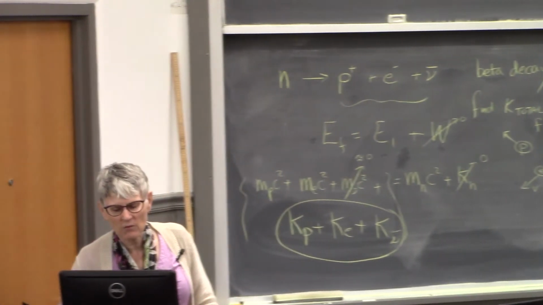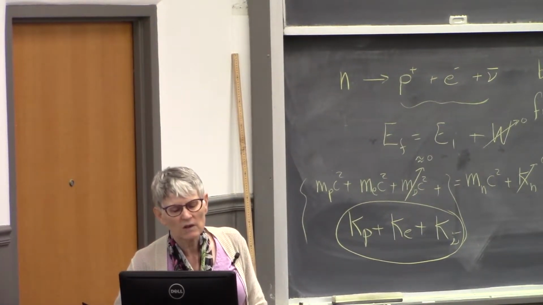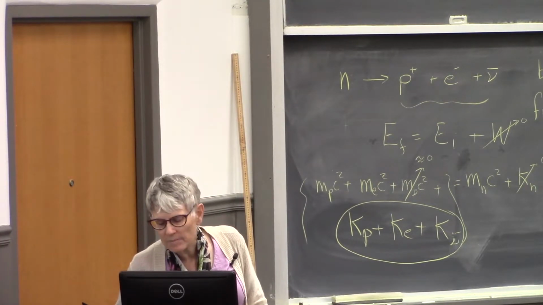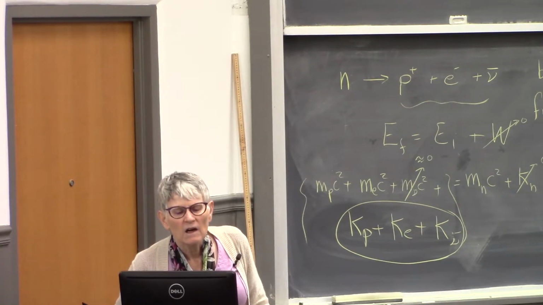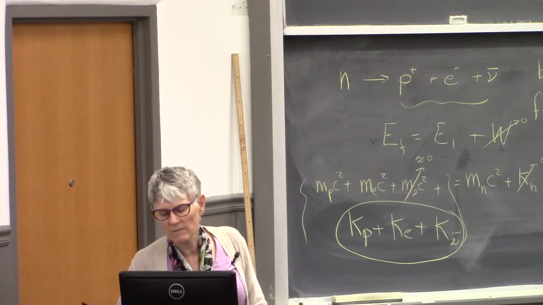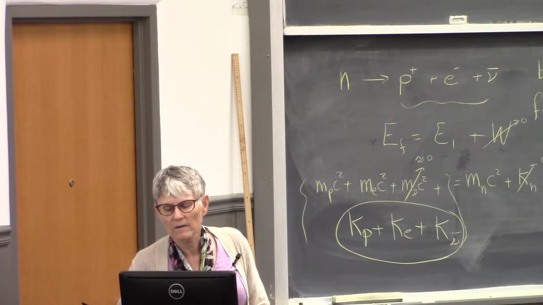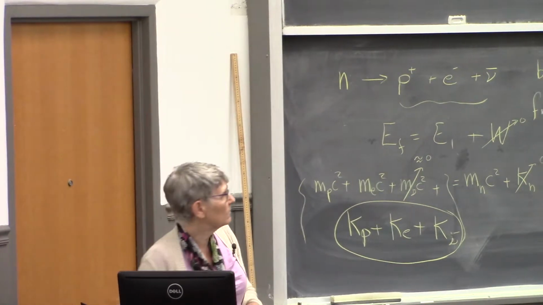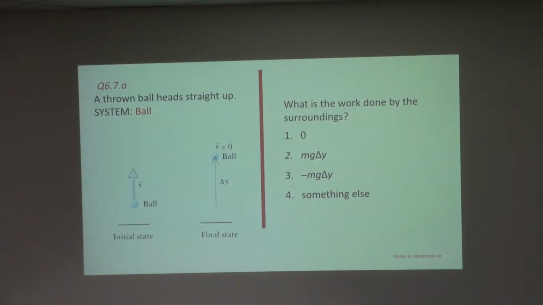To talk about that, we're going to go back to a really, really simple system, which is we're going to throw a ball up in the air. And what we're going to do is look at this system two ways. We're going to take the ball as our system.